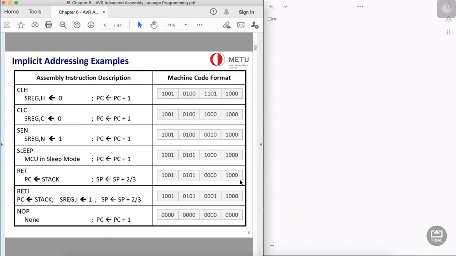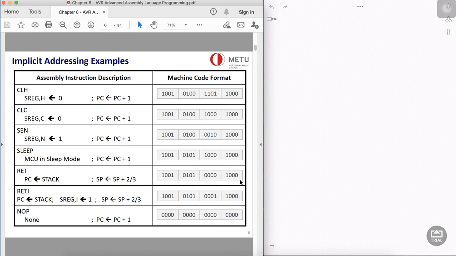So we can look at the examples given over here for implicit addressing. Clear half carry, clear carry, set negative, put the microcontroller into sleep mode, return from subroutine, return from interrupt, or no operation. Those are some of the examples given for the implicit category.